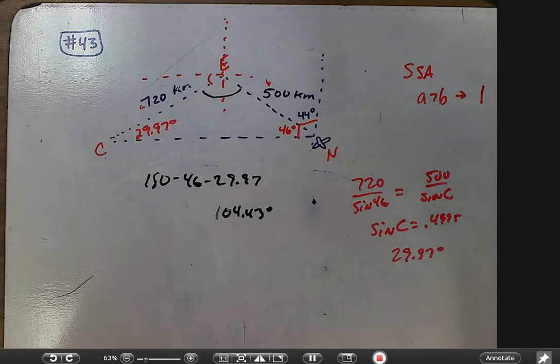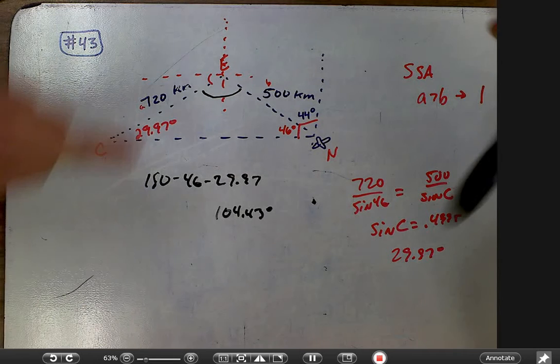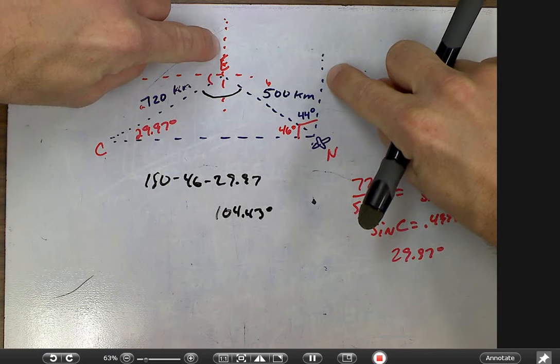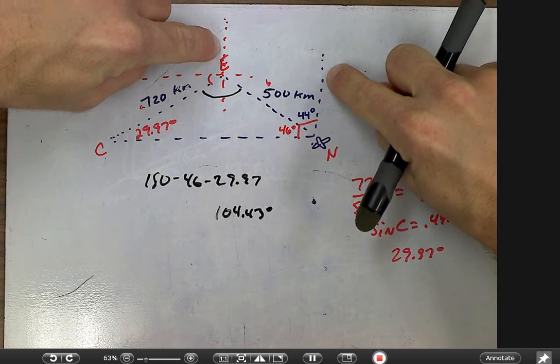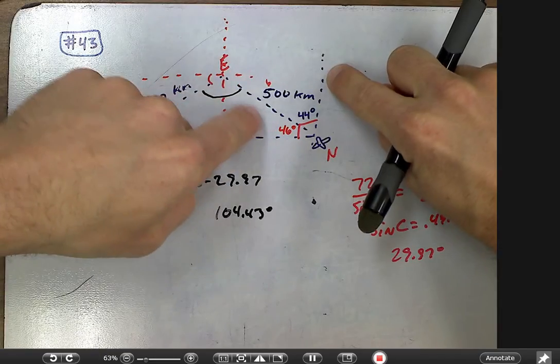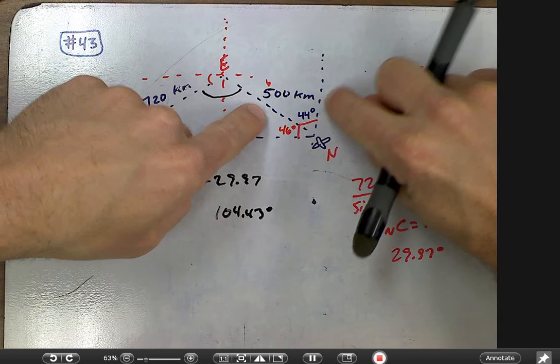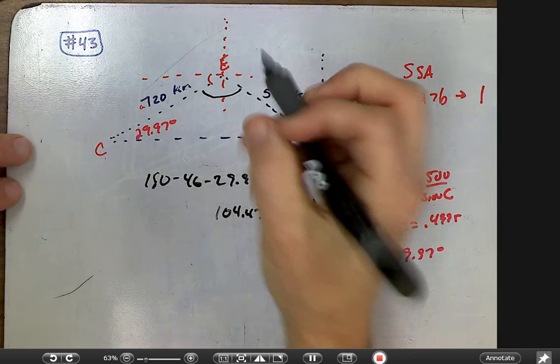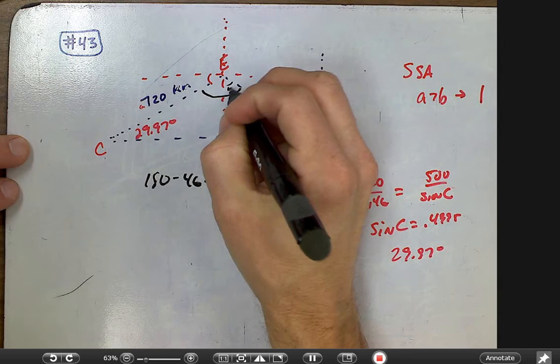Okay? Well, I know some other things. Notice this red line, this purple line, they are parallel because they're both north-south lines. This line is a transversal. So this 44 is the same. That means this little angle right here is going to be 44.